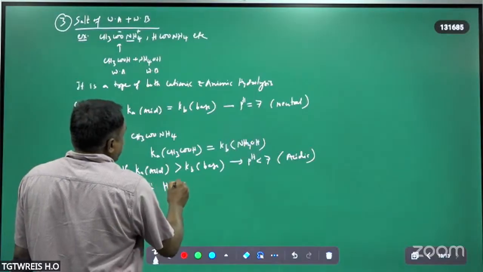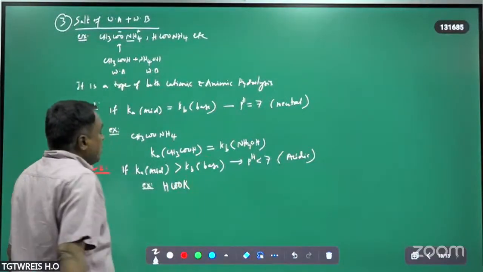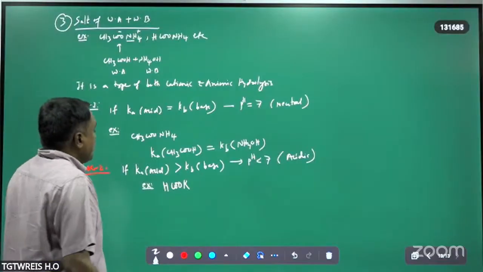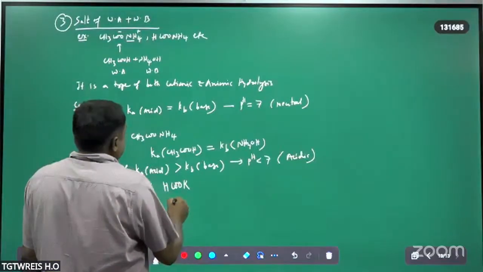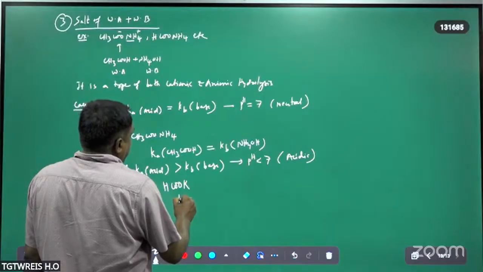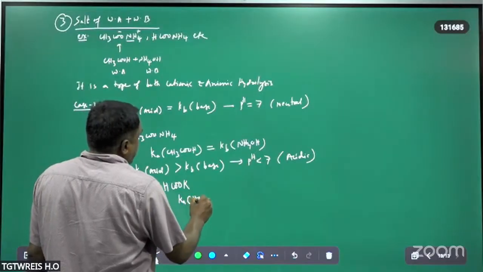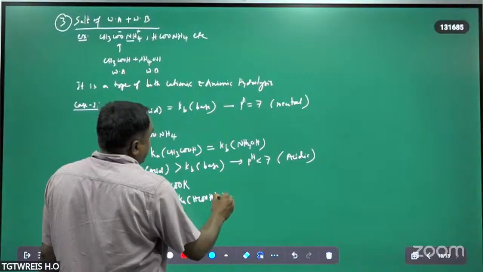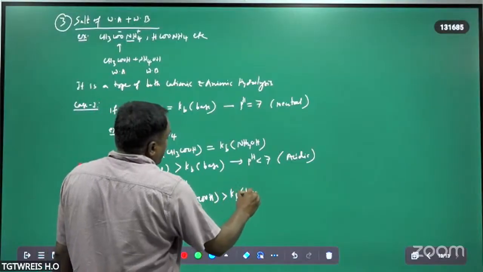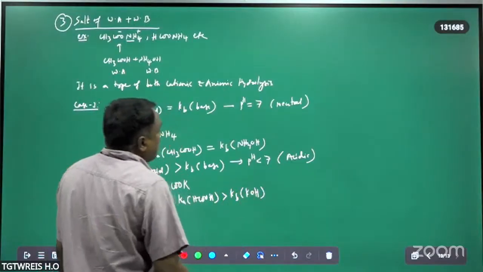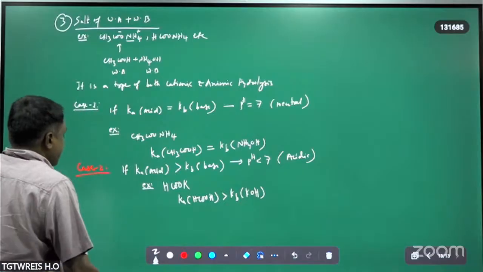In this case, Ka of HCOOH is greater than Kb of KOH. Therefore, pH is less than 7.